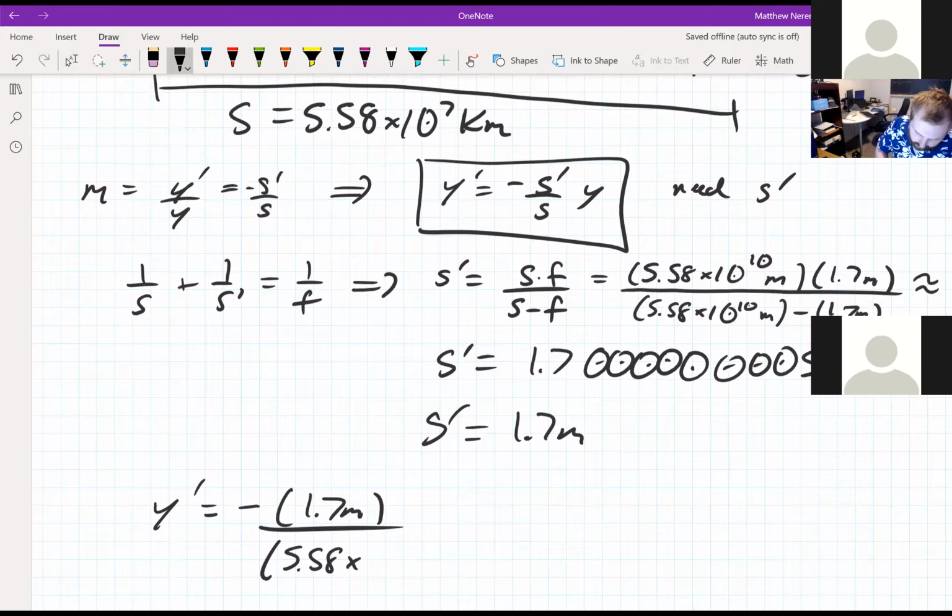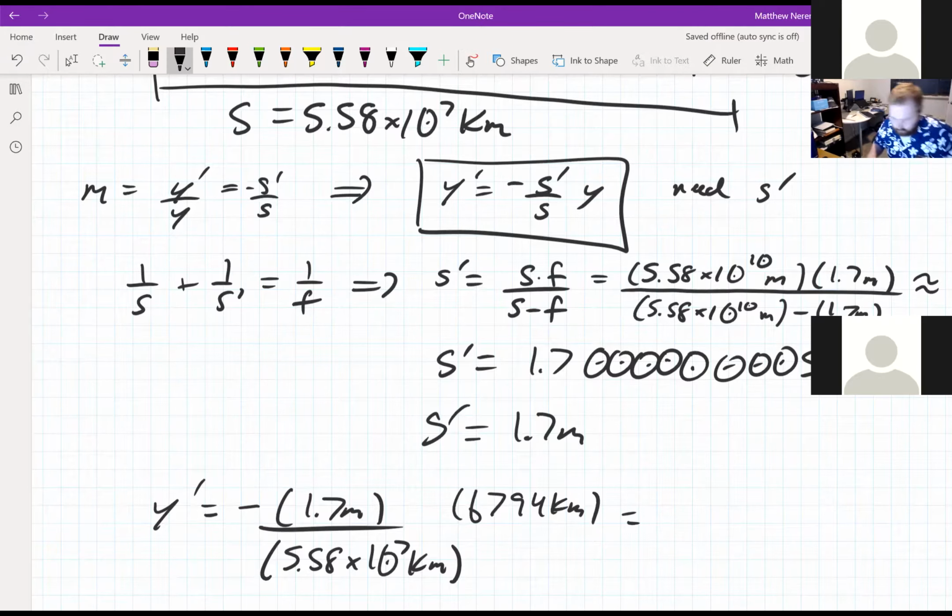So 5.58 times 10 to the 7th kilometers, times 6,794 kilometers, divided by S. That seems wrong to me.